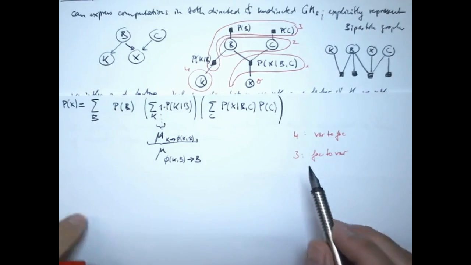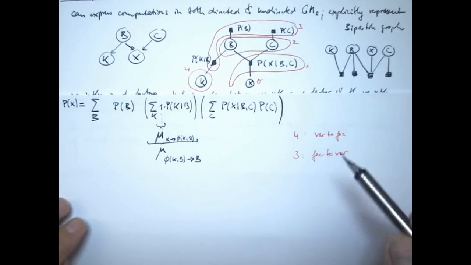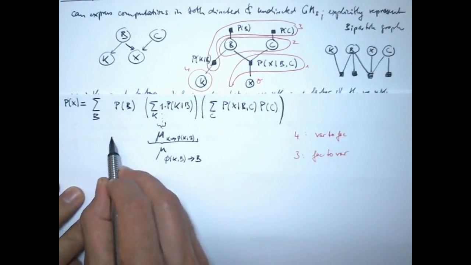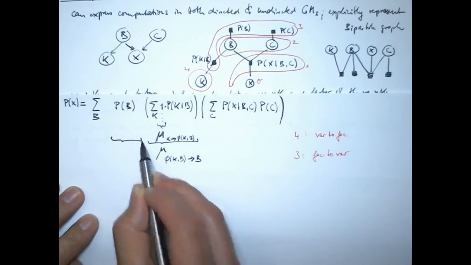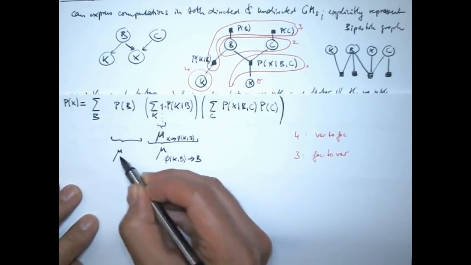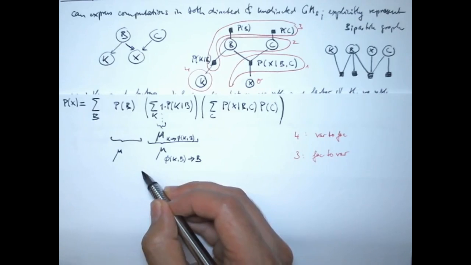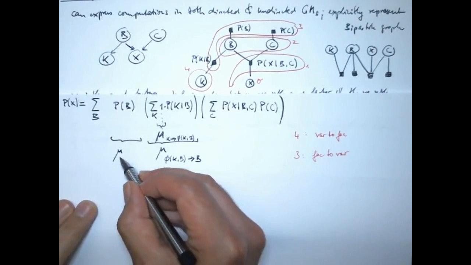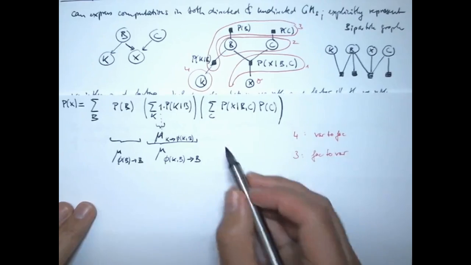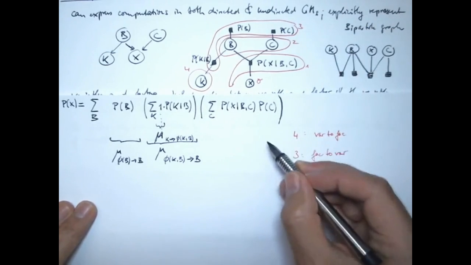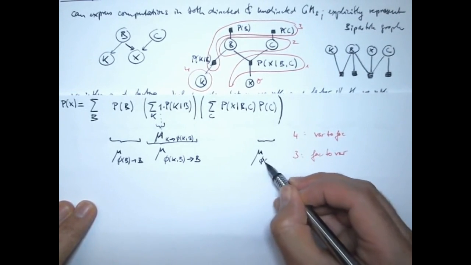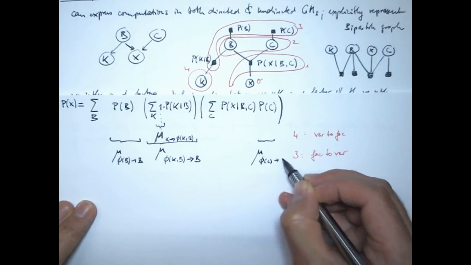Okay, but then I have other factors here, namely p of b, which is also a message from a factor to a variable. This would be the message from a factor involving only b to variable b. And then similarly for p of c, this would be a message from a factor involving only variable c to the variable c.